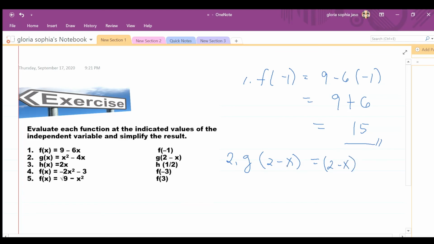So, substitute lang natin kay x yung 2 minus x natin, yung input natin. So, si x squared magiging 2 minus x, quantity squared, minus 4 times yung x dito. So, substitute natin si 2 minus x. Ayan. So, 2 minus x. Then, simplifying.